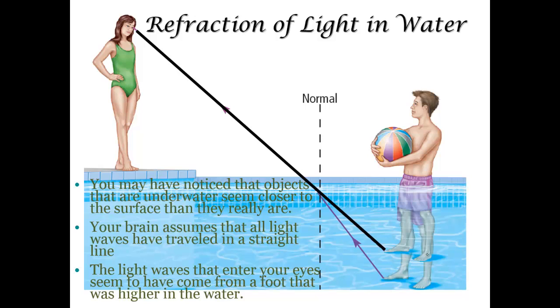For example, we think that this gentleman is right here in the pool. But because of refraction, he is actually lower in the pool than what we think. And so we have to be really careful about what we're doing, because that can be really dangerous, about where we think he is versus where he is, and that's because our brain isn't able to process that refraction process.